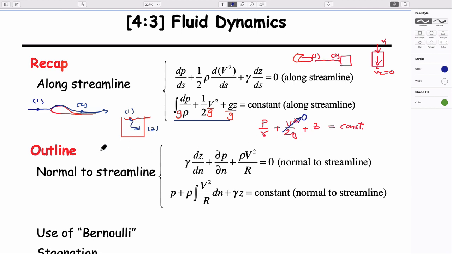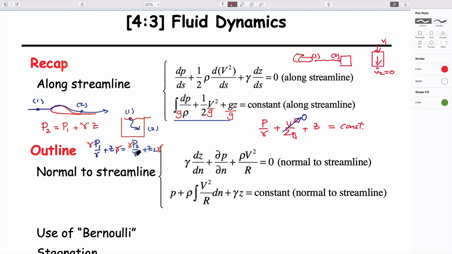And so if you write the fluid pressures between 2 points, you'd have P1 over unit weight plus Z1 is equal to P2 over unit weight of the fluid plus Z2. And if you work this out, if you just multiply both sides by unit weight and rearrange it, P2 is equal to P1 plus unit weight.